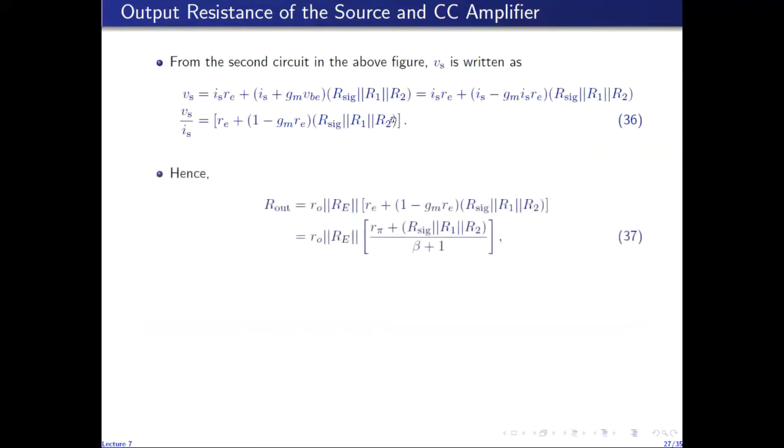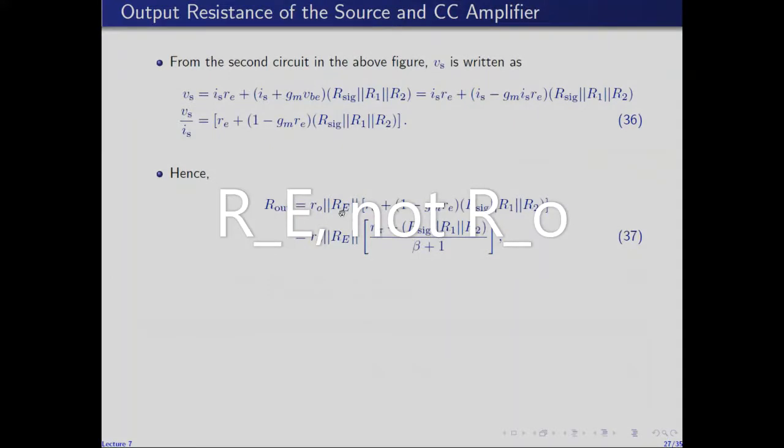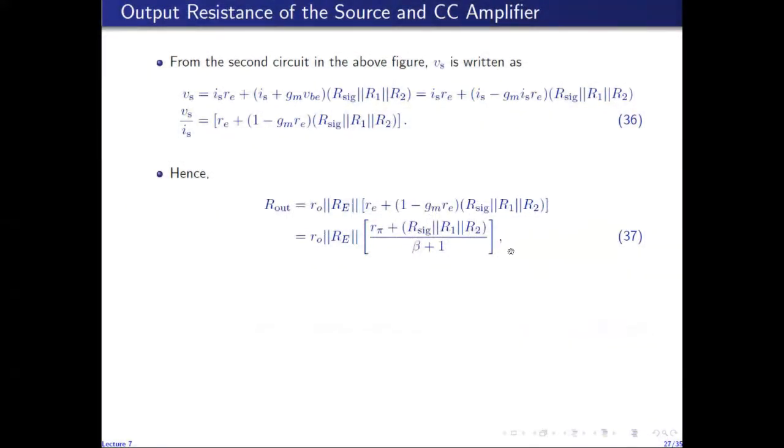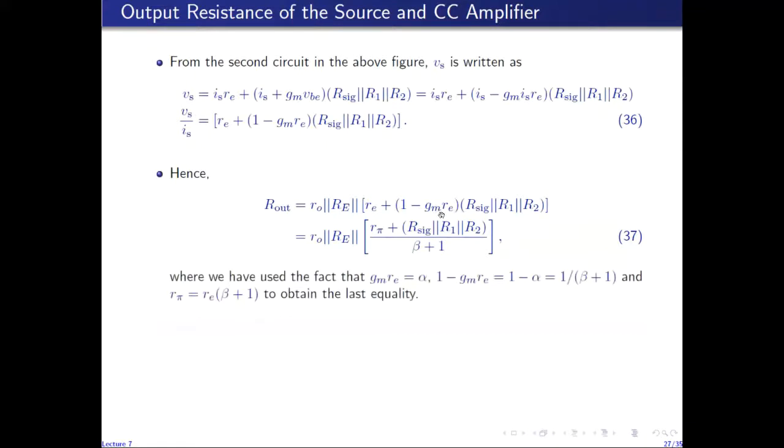And the overall resistance of the source plus amplifier is then given by this factor in parallel with small r0 in parallel with capital R0, which can be expressed into this form. So this form is obtained by realizing that alpha over gm is small re.